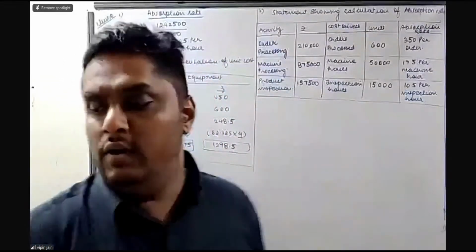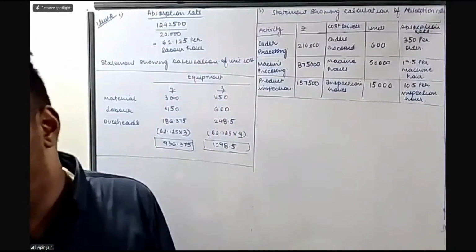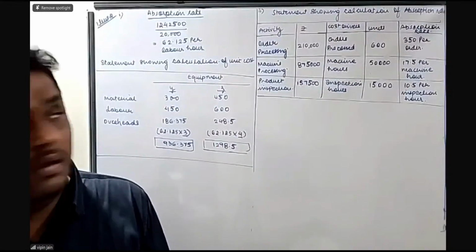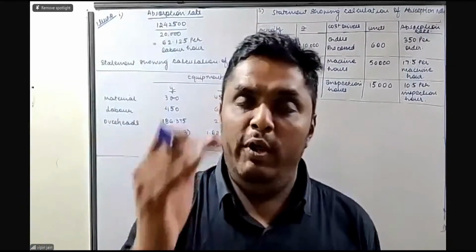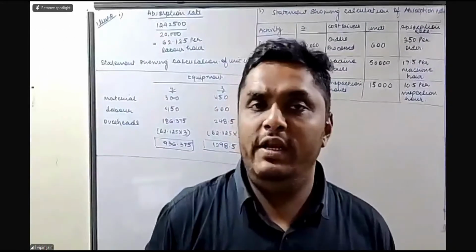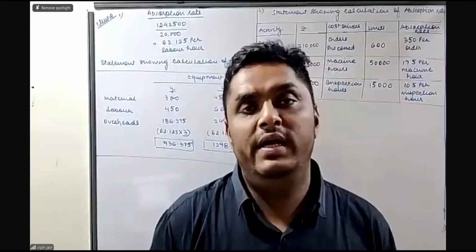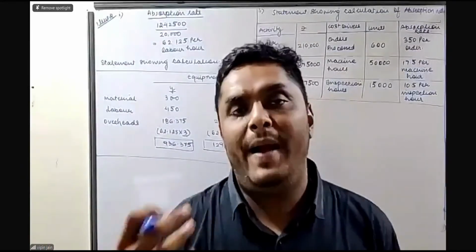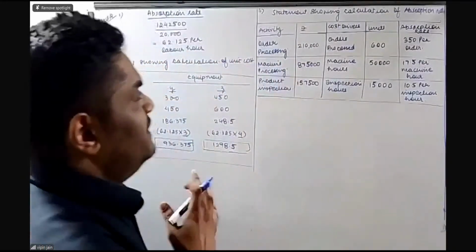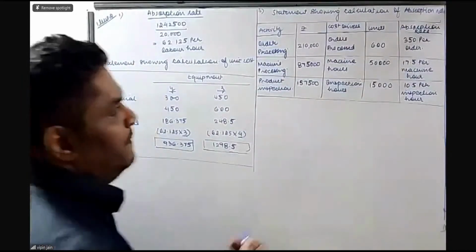If you guys have any doubts till now, you can please post your queries. Again, I'm following the same process that I followed in illustration 1 to bring uniformity in the pattern of solution. This process you have to follow in every question.